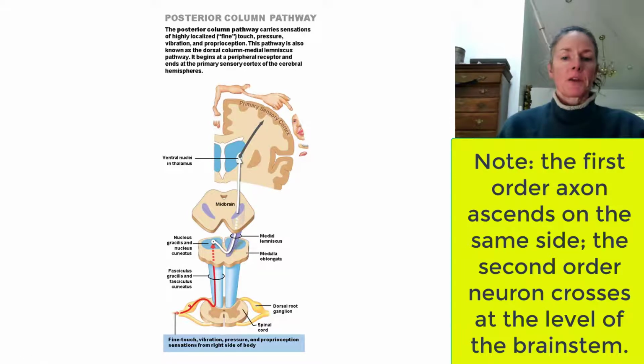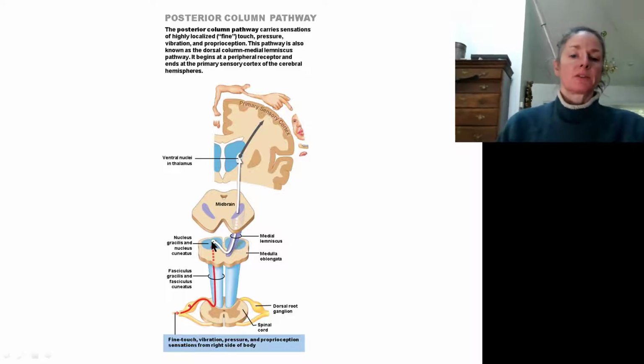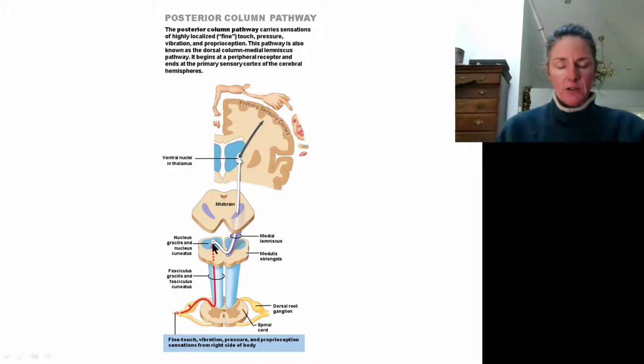So within the gracile nucleus and the cuneate nucleus, we're going to be receiving these axons that will be either in the fasciculus gracilis or the fasciculus cuneatus, respectively. Once they get into this nucleus of the medulla oblongata, they will synapse there.